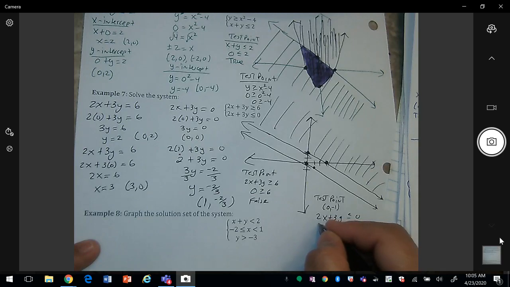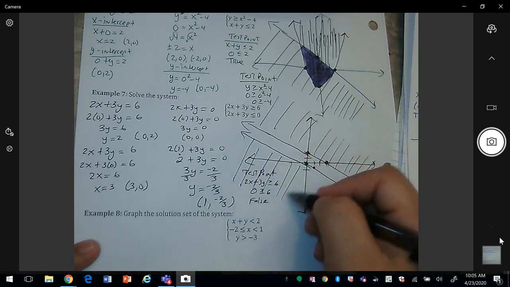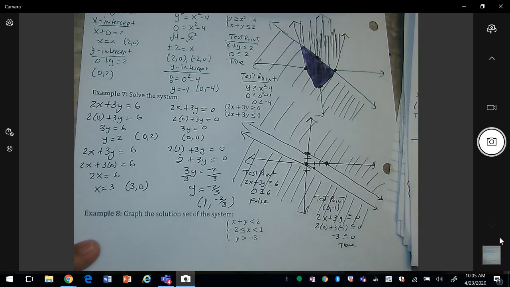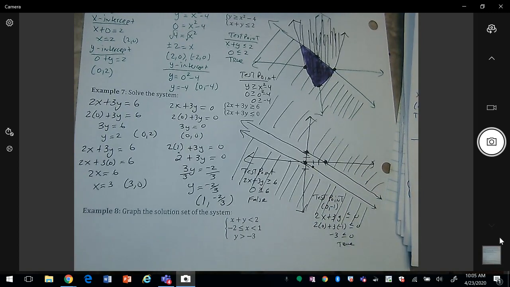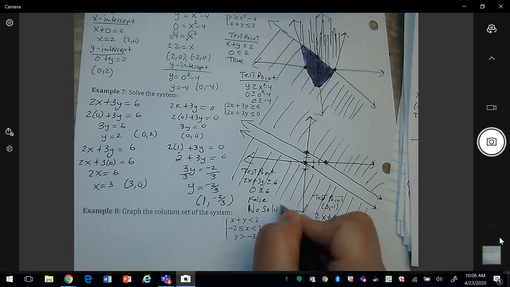So here x is 0, y is negative 1. So negative 3 is less than 0 is true. So we're going to shade below. So notice that there's no place where the two shadings intersect. So that means that there's no solution to this system.